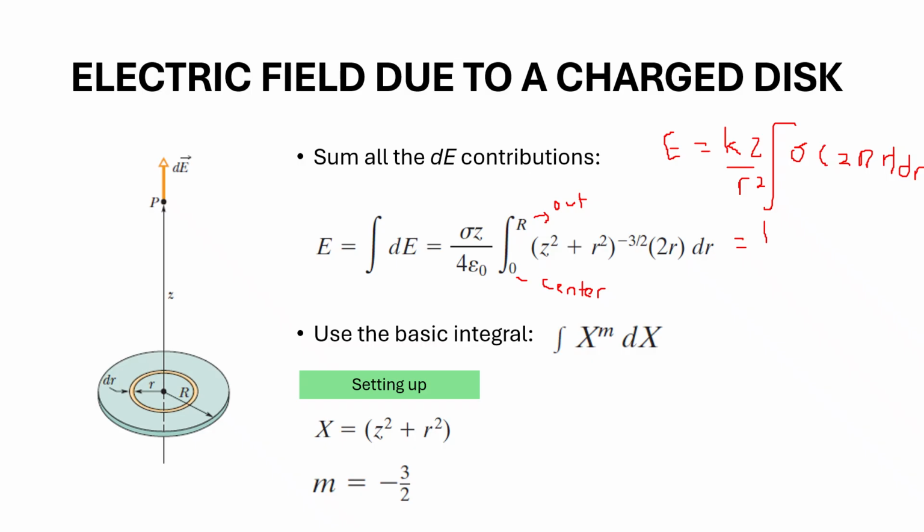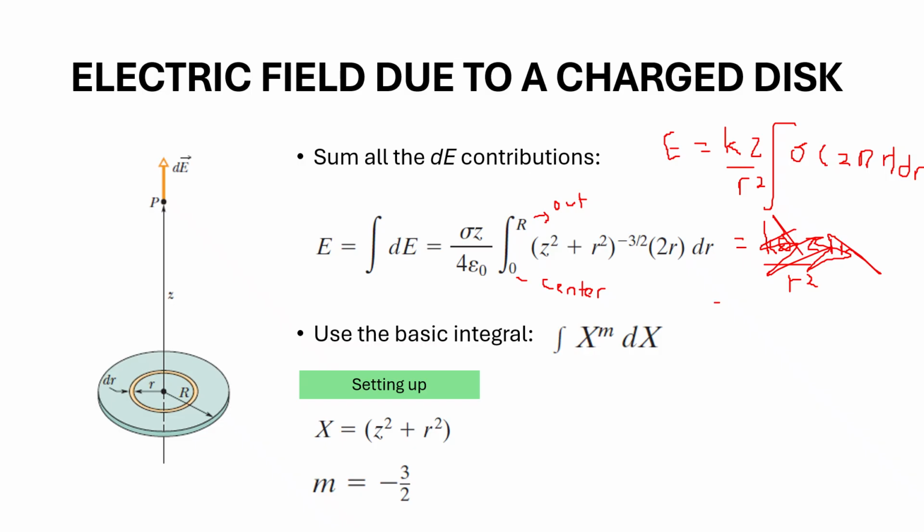Then from there, I just bring out the surface charge density because surface charge density is constant. Sorry, let me put it in a proper way.